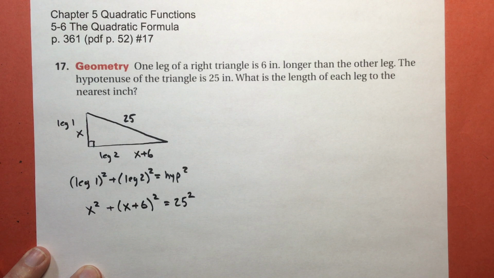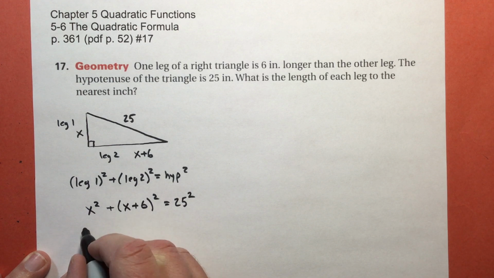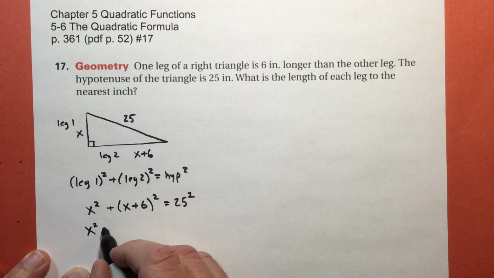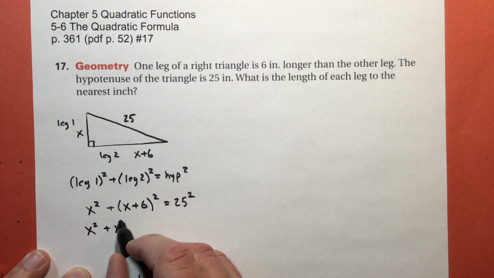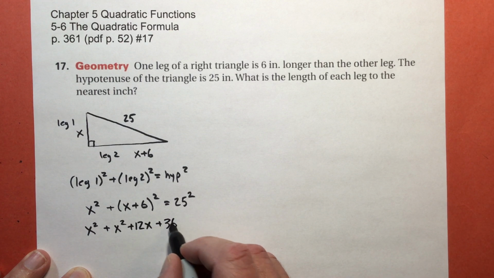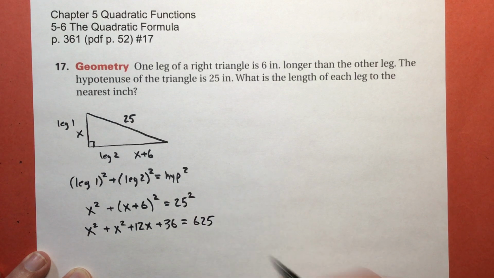Got to simplify this. I have x plus 6 times x plus 6. Make a multiplication chart if you want to, use FOIL if you want to, or do it in your head. This is x squared plus 12x plus 36. 25 squared is 625.